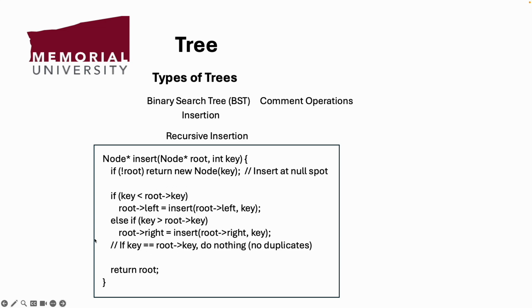Otherwise, we check whether the insert key is less than the current root key value or not. If less, we recursively call to the left. So root left equals the insert function called on itself, right?